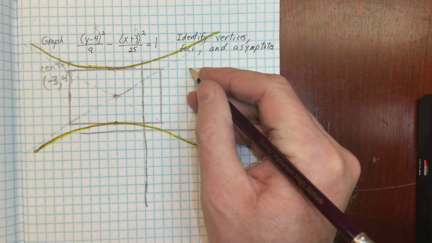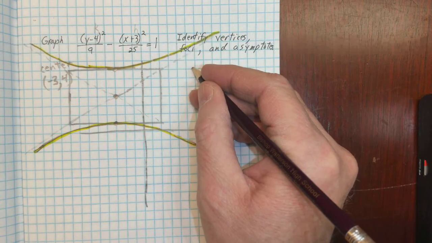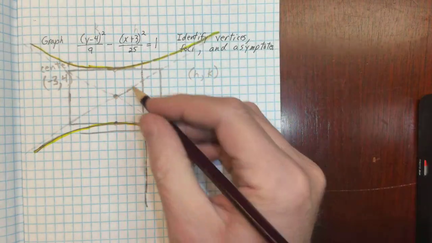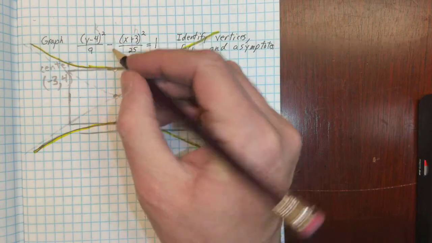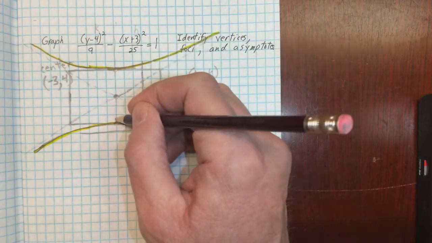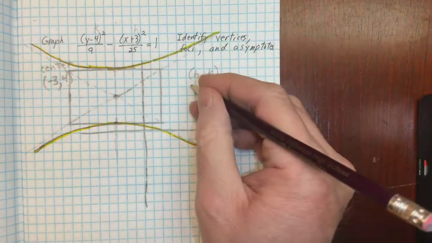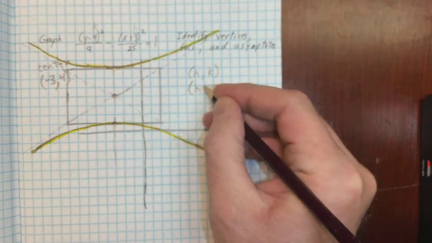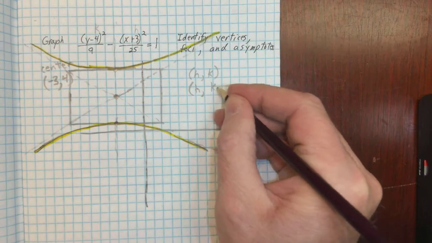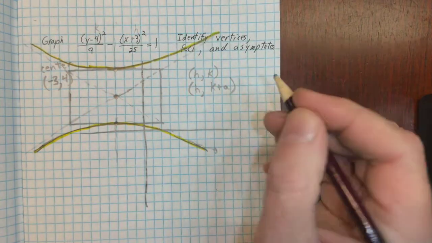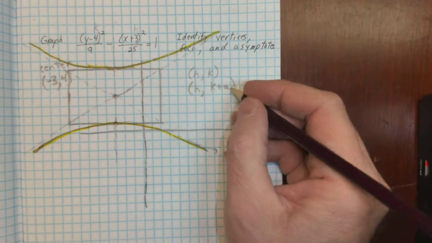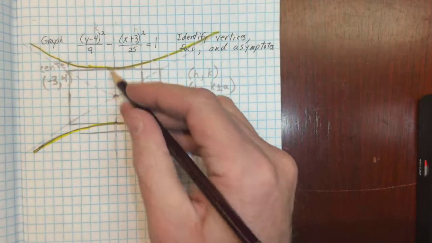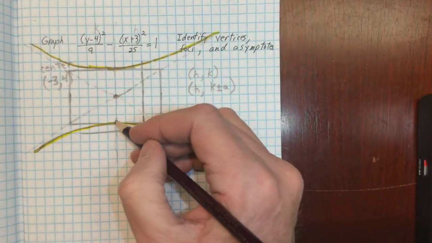If I'm centered at (h, k), and I have a vertical graph here, then I'm going to add a and subtract a from the y coordinate. I'm adding 3 and I'm subtracting 3.